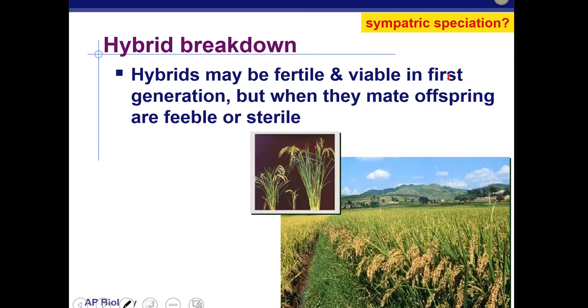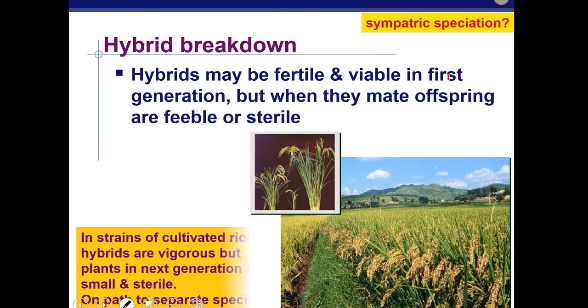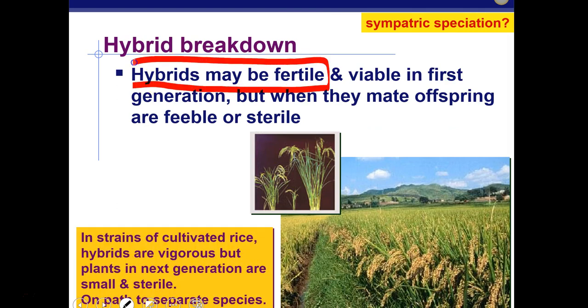The third way is hybrid breakdown. Okay, so the kids are okay. The kids are all right. And they have grandkids.